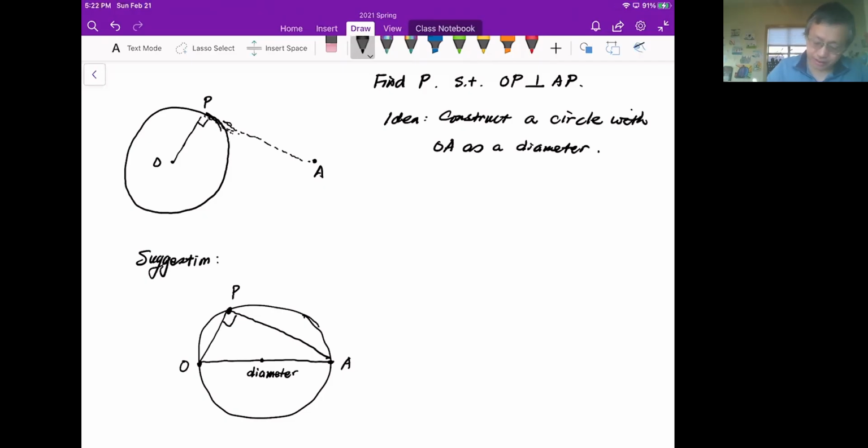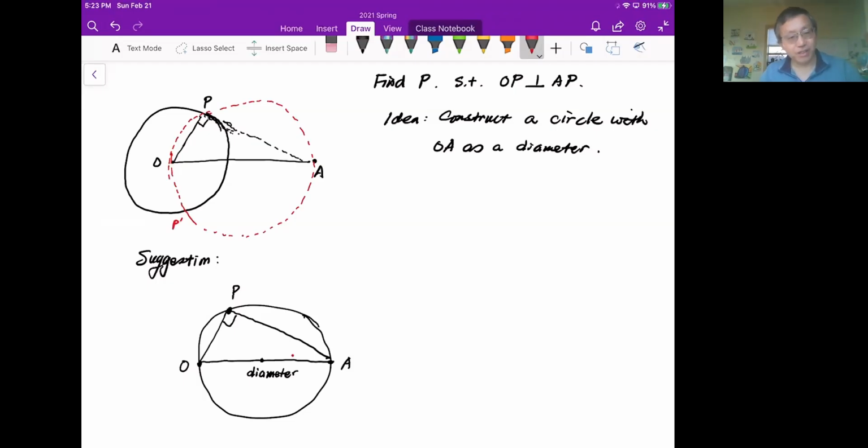So in other words, I'm going to connect this, and then I want to make a circle in that way. Can I do this? If I can make such a circle, then I'm done. The intersection points give you one that is P, the other is P prime, and either one works. So how could I get such a circle?